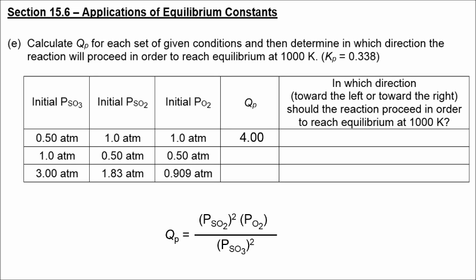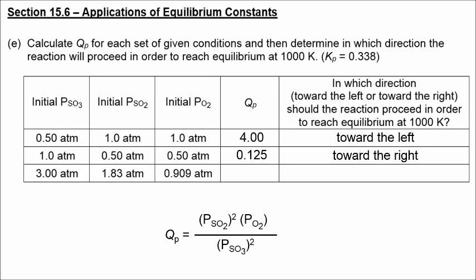Q is 4. Q is larger than K, so too many products. It would have to shift toward the reactants, toward the left. Our next example, 0.5 squared times 0.5 divided by 1 squared. So we have a number, 0.125, which is less than K. Q is less than K. We have too many reactants.